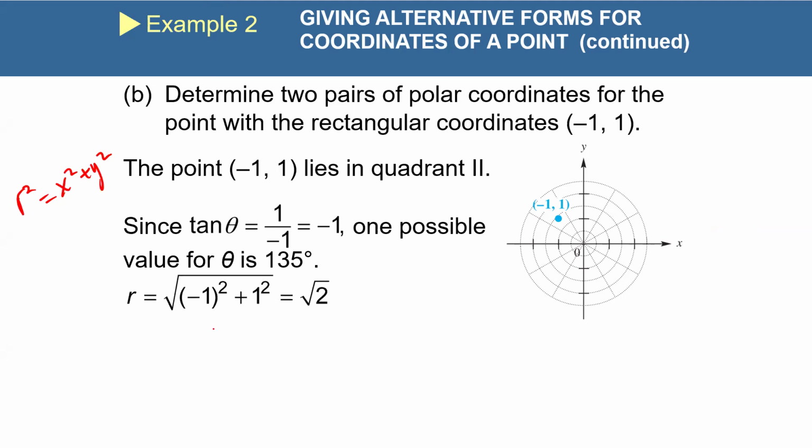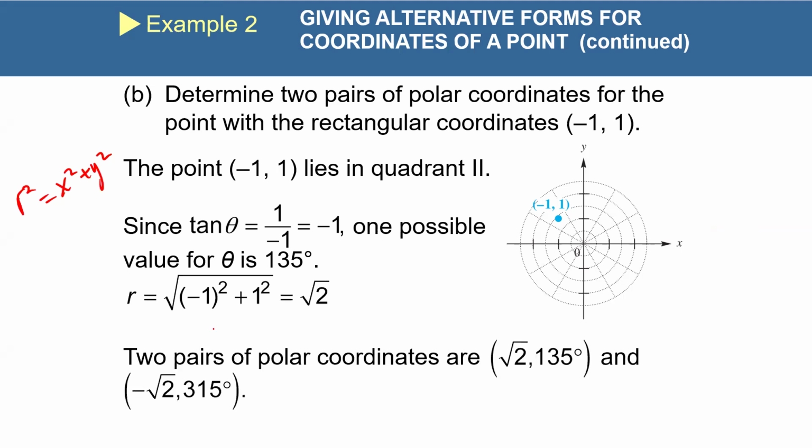I surely can. I have my r and I have my theta. So therefore my polar coordinates are square root of 2, 135, and negative square root of 2, 315. That's because this line goes through here, right? It's going to produce the same thing. Pretend that it's straight. You see it. The -2 side would be over here.